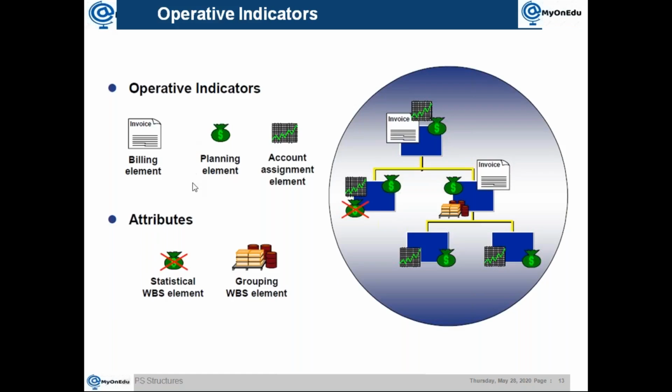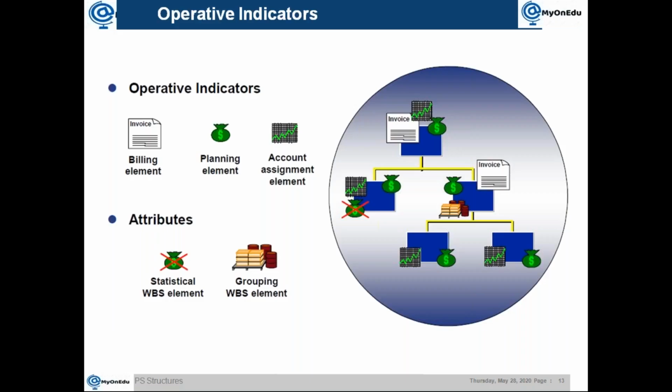The planning element basically controls how costs are planned, because there are different ways of planning cost in a WBS element. One way is hierarchical planning, or the simplest form, rough cut planning and so on. With rough cut planning, you can plan at the lowest level and not at the highest level, and you can control that.